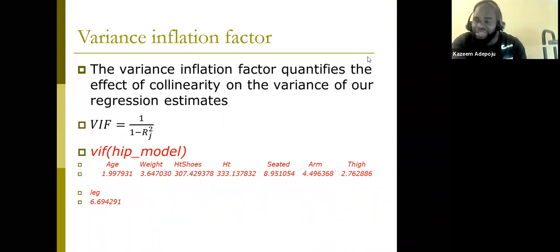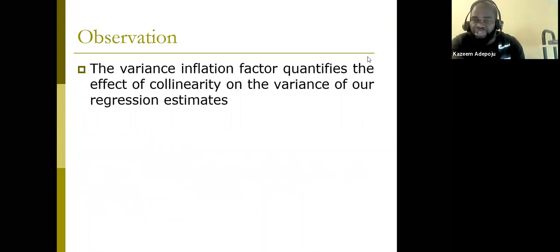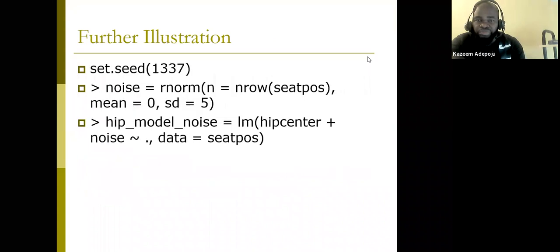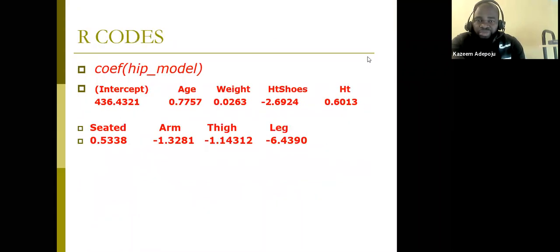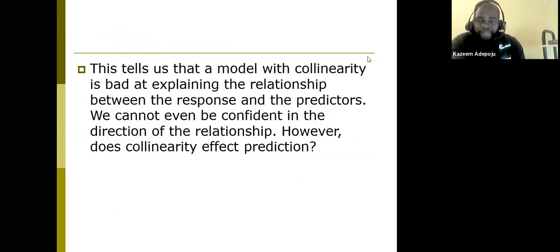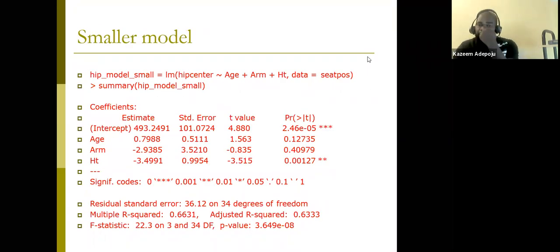Okay, now take a look at this right now. If I drop that, I'm actually going to rerun my regression. Give me 1 second. Okay, take a look at that. After dropping that, this is what I have. Right now, I'm only considering age, arm, and HT. Those are the 3 variables that I'm considering right now.